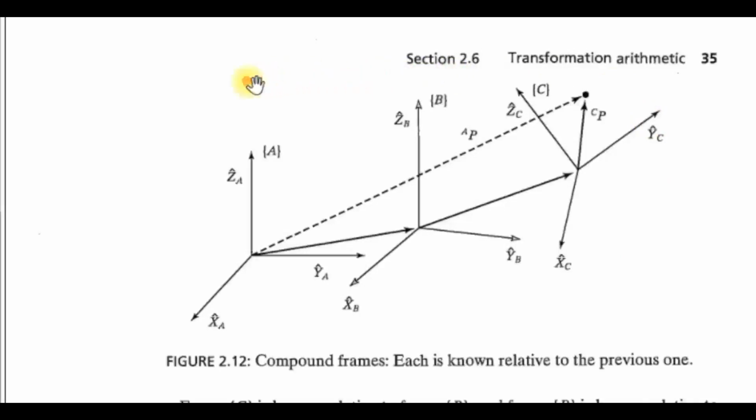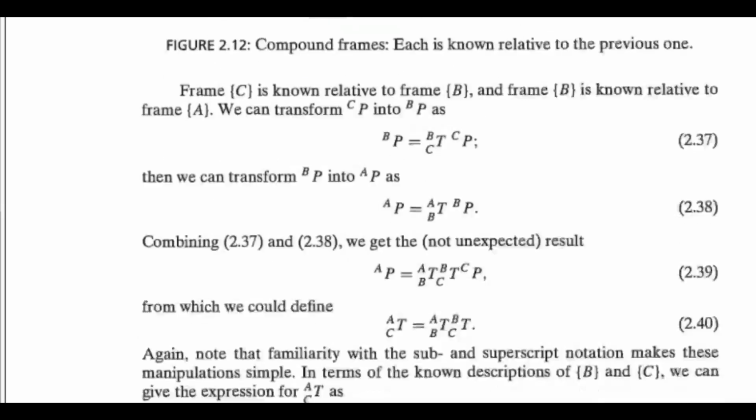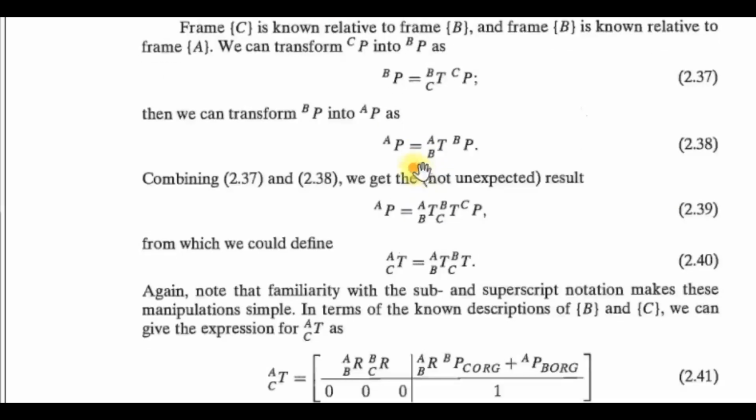So in this way we are able to calculate the value of P with respect to the A frame. So simple matrix multiplication, but remember that this multiplication does not follow the commutative law.